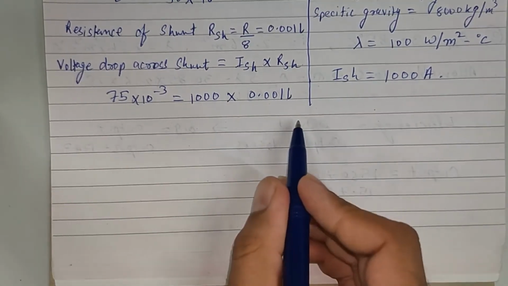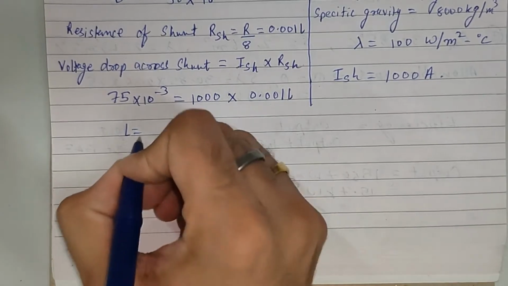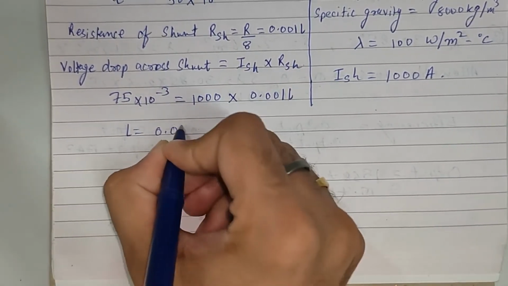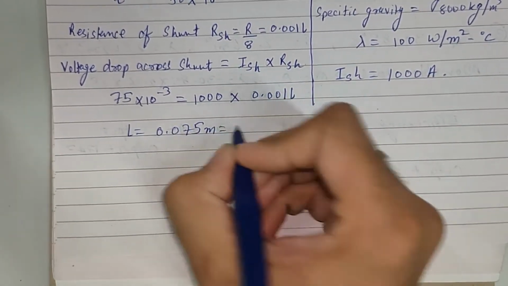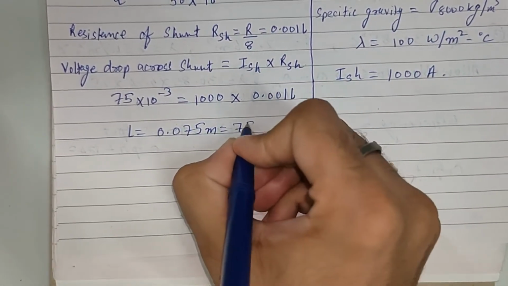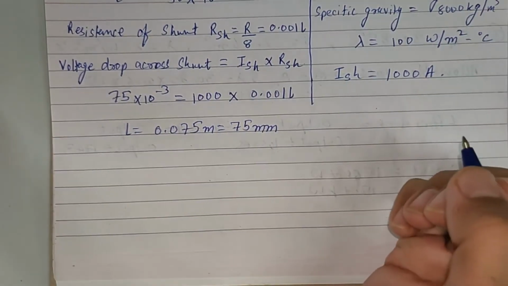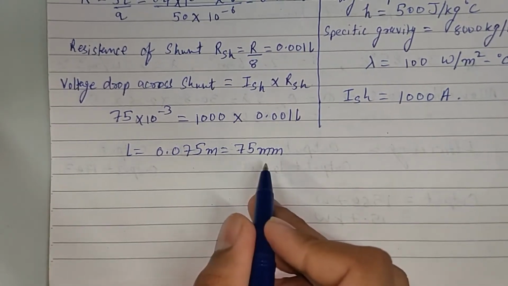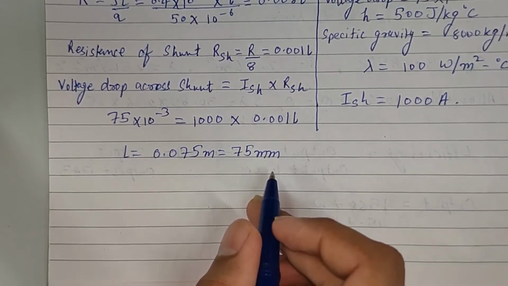Hence, by solving this easy equation, we can find out the value of small l is 0.075 meters, or in other words, I can write it as 75 millimeters. Now once we have found out the length of the nickel alloy strip, we will move to the volume of the strips.